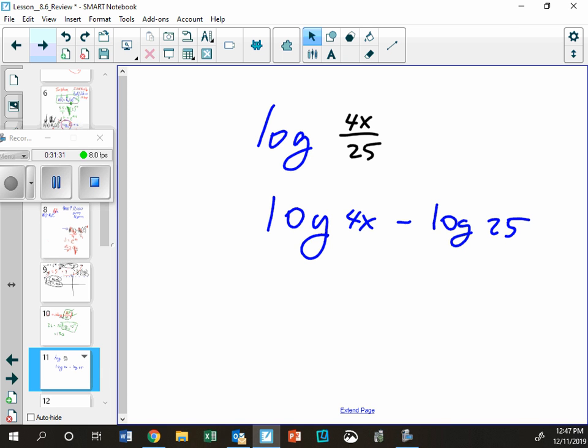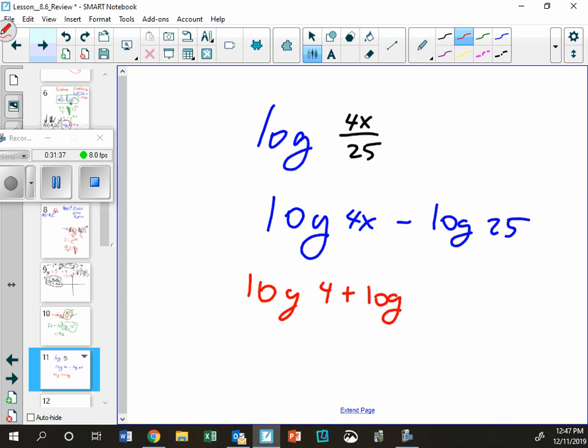Well, what's this? I would say log 4 plus log x, see what I did there? Broke up the 4 times x, minus log 25. And then I would go, ha ha ha, I'm so much smarter than you are. Wrong again. Who's got the next level? What do you think? I agree that log 4 is really log 2 times 2, isn't it?